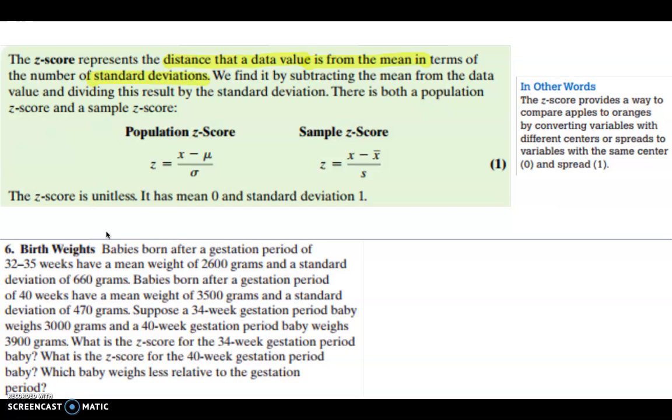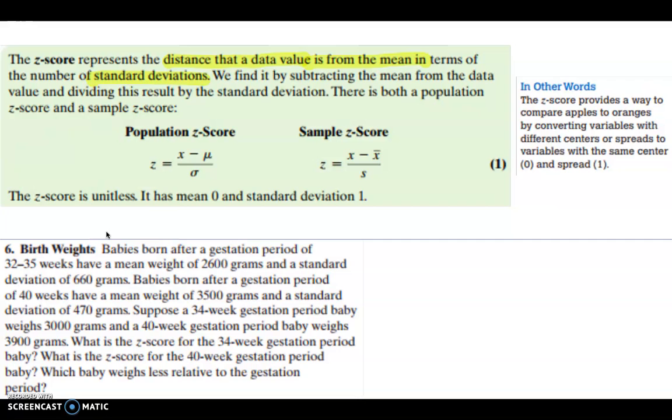If you get a z-score of 1, that means you're exactly 1 standard deviation above the mean. If you get a z-score of -2, for example, that means you're 2 standard deviations below the mean. That's what a z-score tells us: how many standard deviations a score is away from the mean.